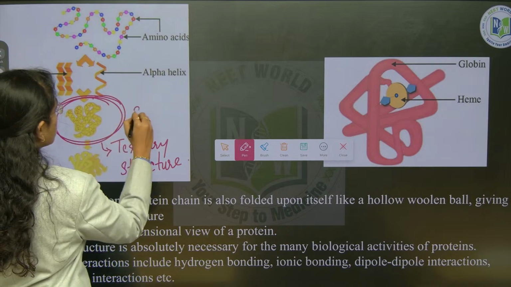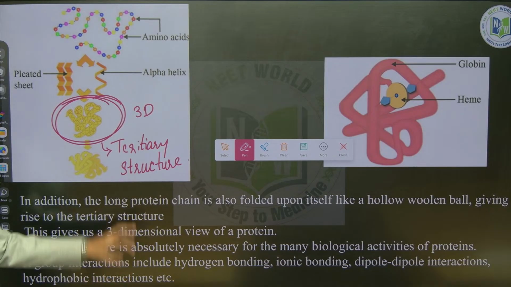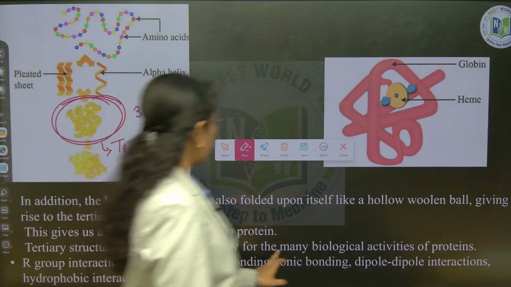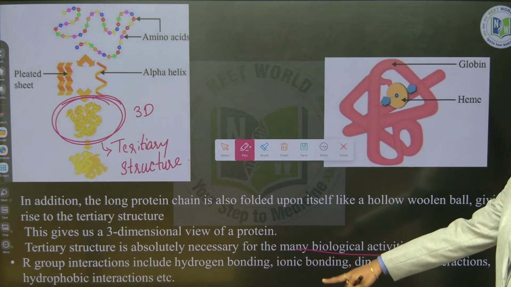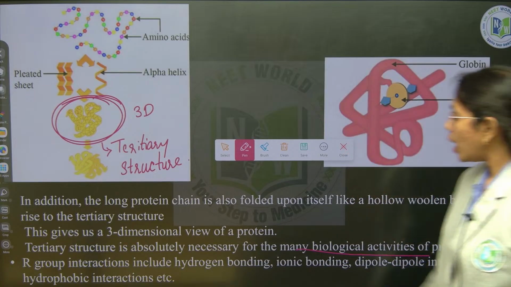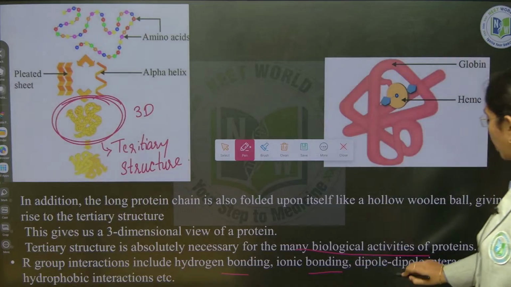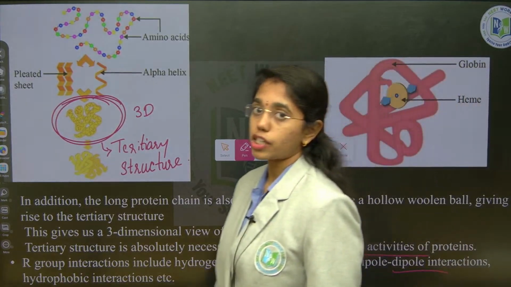Fine, right? This is the 3-dimensional structure of protein, and here tertiary structure is absolutely necessary for many biological activities of the proteins, wherein R group interactions include hydrogen bonding, ionic bonding, dipole-dipole interactions and hydrophobic interactions as well.